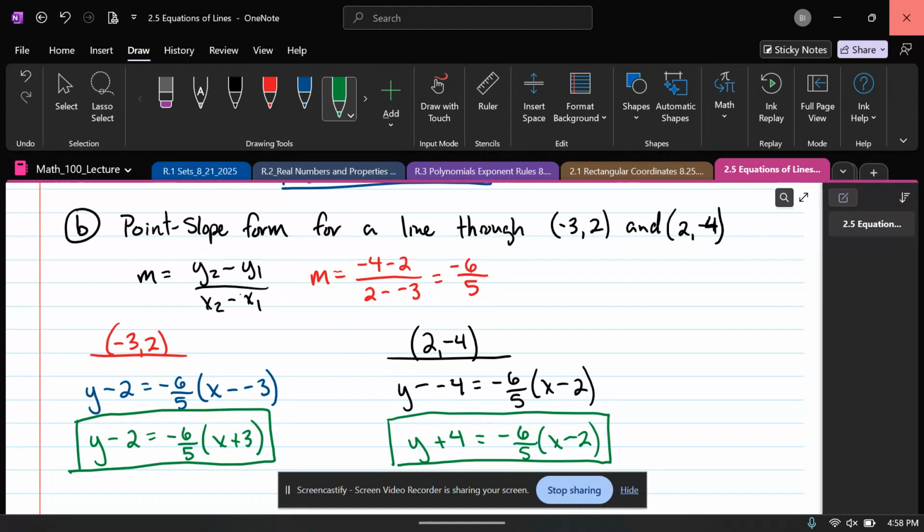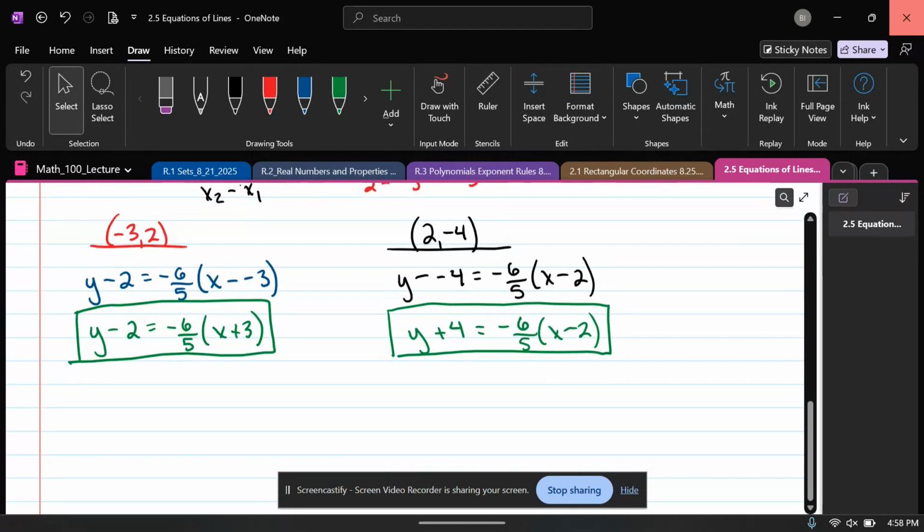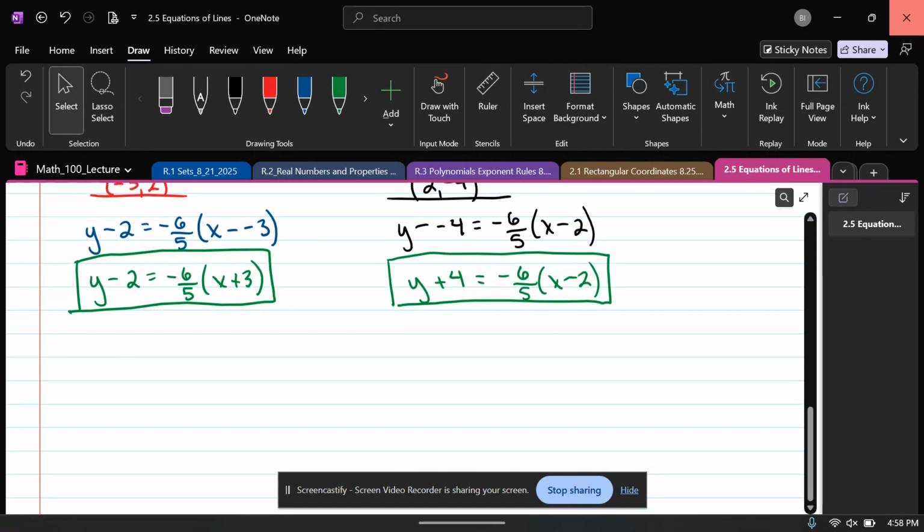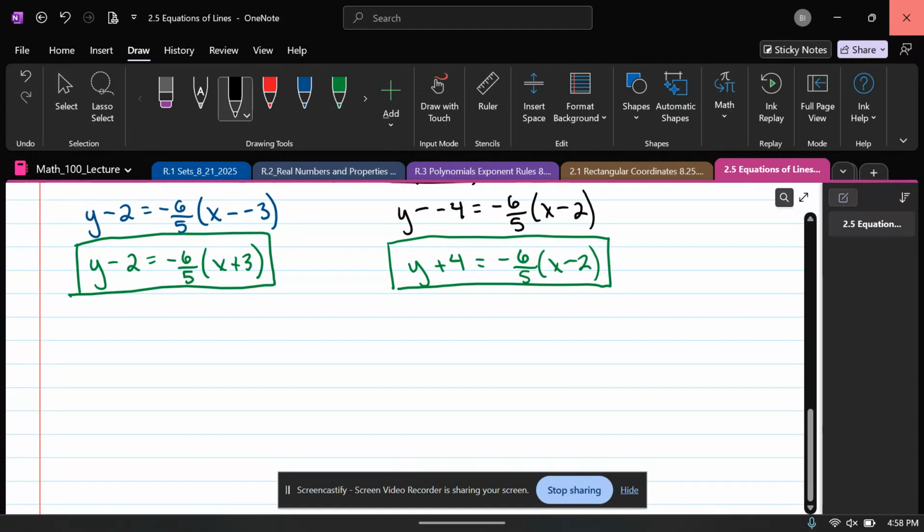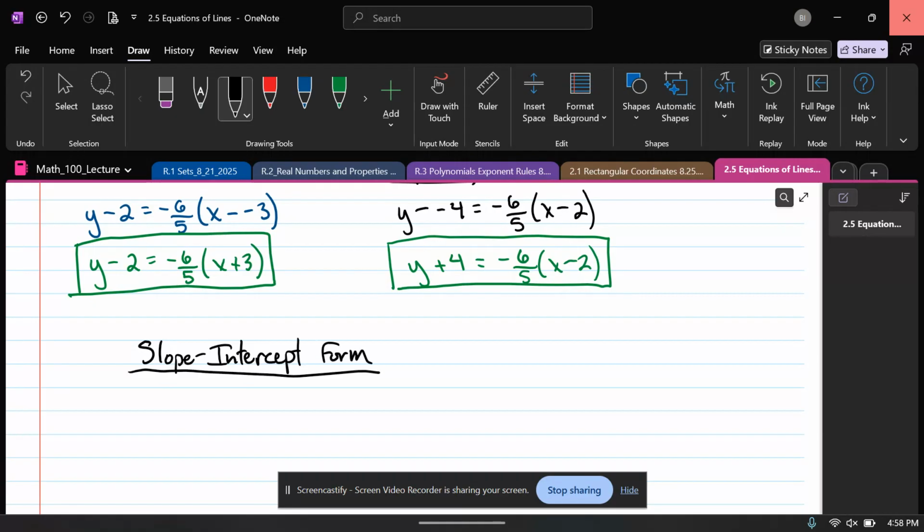Okay? All right? So from point slope form, it is really easy to get into slope intercept form, which we've already talked about a little bit tonight. Slope intercept form, you have y equals mx plus b. You have 2 things.